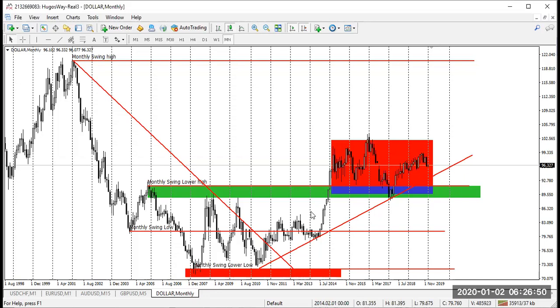I'm not really into politics. I just focus on the charts. But during Obama's term, we did see an increase in the dollar. Here in Trump's term, past 4 years, we know that because his term's up. So the past 4 years, we see we've been in consolidation on the dollar. Obama's term, Trump's term.